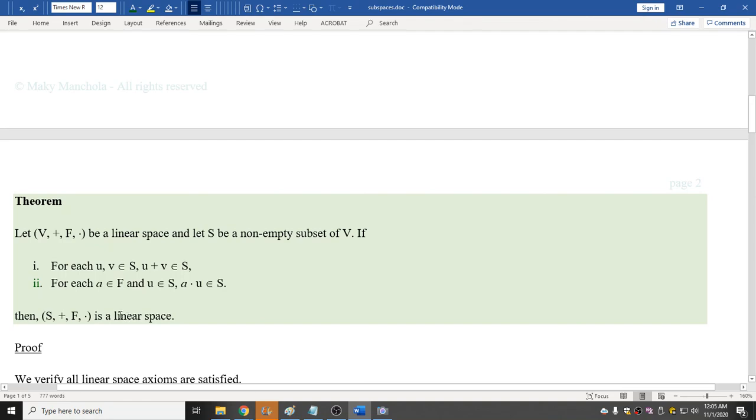Consequently, S is a linear subspace of the given linear space.